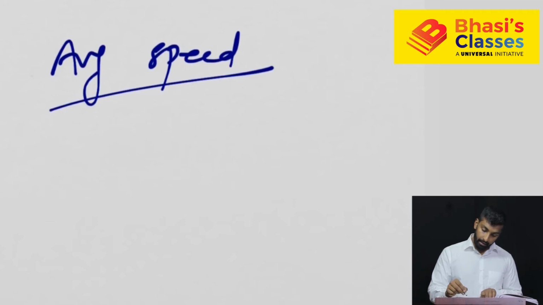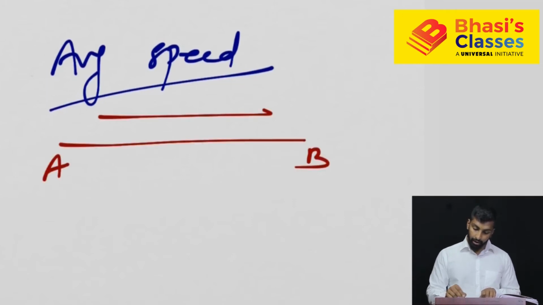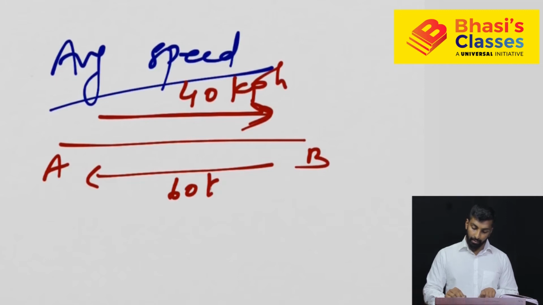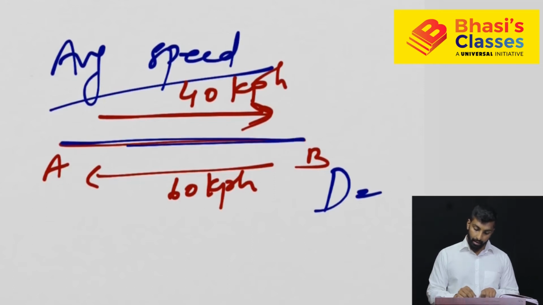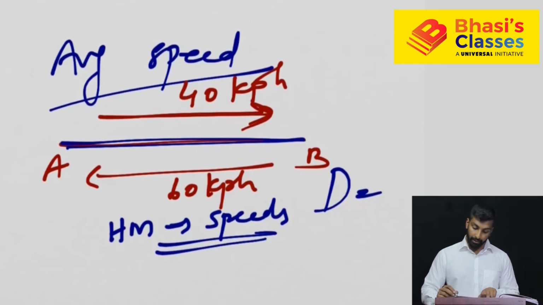The question is something like this: you are traveling from A to B and coming back from B to A. On the first leg you are going at 40 km per hour and you are coming back at 60 km per hour, right? Here the distance is constant, the same distance going and coming. So in this case you need to find the harmonic mean of the speeds. The harmonic mean of speeds is your average speed, right?